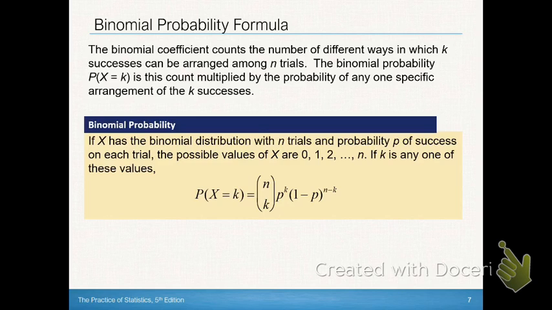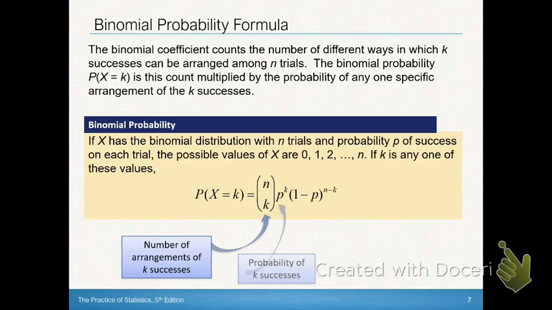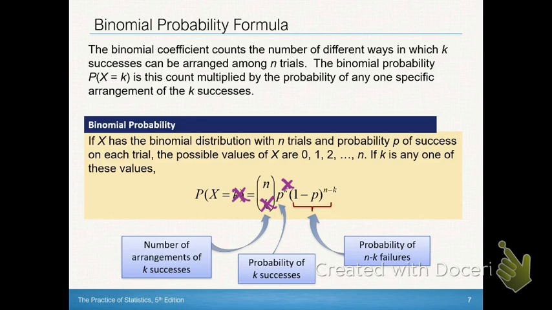In that case, it was 3 failures, 3 kids that did not have type O blood, and then multiply by your coefficient. So this formula is on your formula sheet, but you do want to know what the variables stand for. The one thing I will mention is that your formula sheet uses an x rather than a k. So if you replace all of the k's with x's, it would look exactly like what's on your formula sheet.